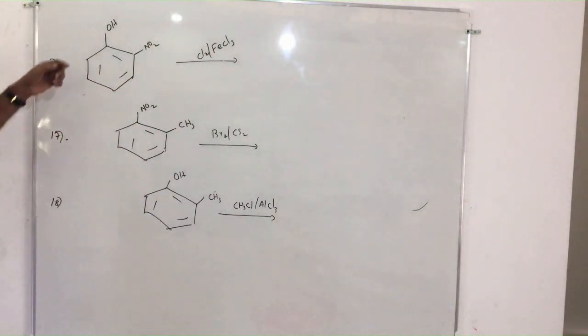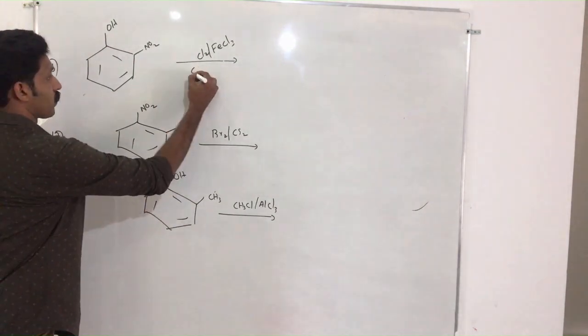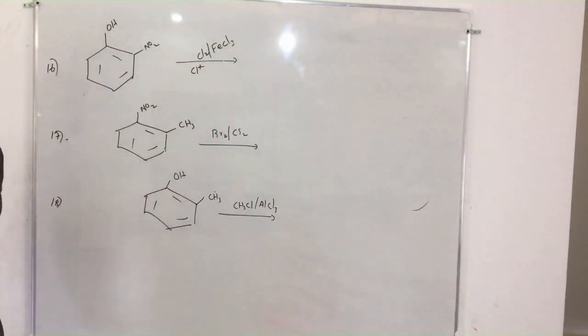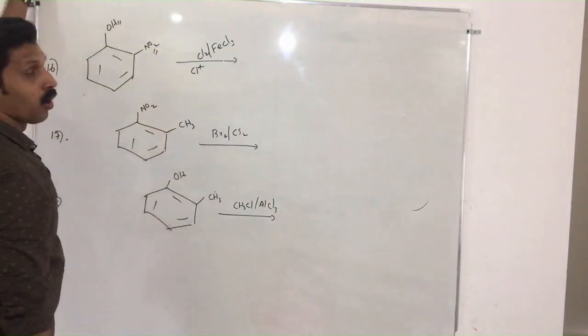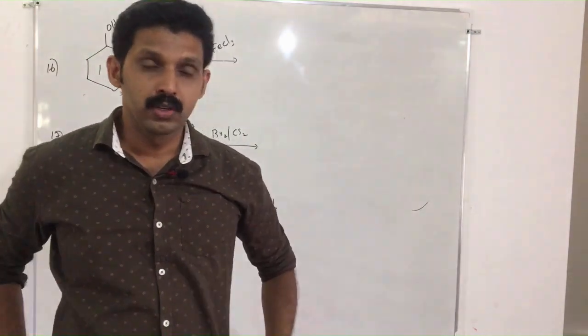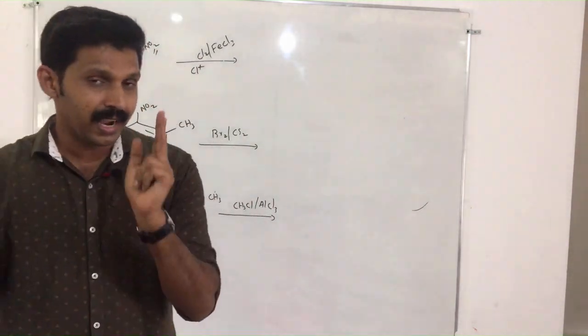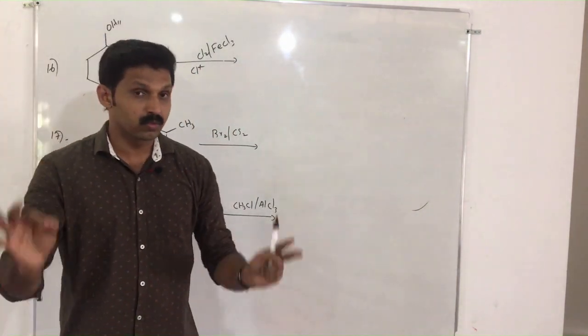This is the compound, with chlorine in presence of FeCl3. Therefore a Cl plus will come. In which position does Cl plus go? I told you that here there is an OH group and an NO2 group. OH group is an activating group, NO2 group is a deactivating group. So if there are an activating group and a deactivating group, the activating group decides the position of the third group.